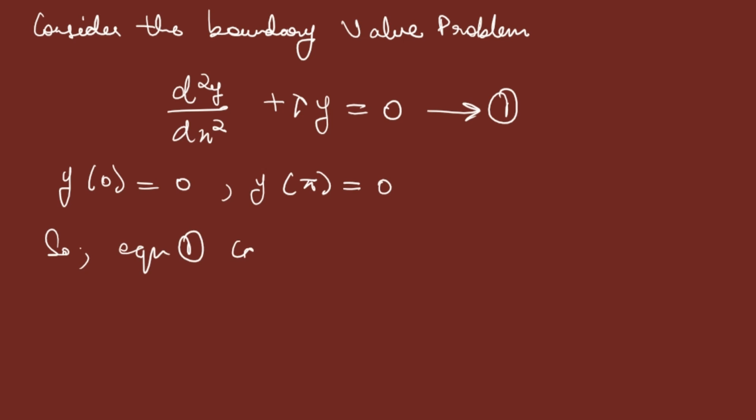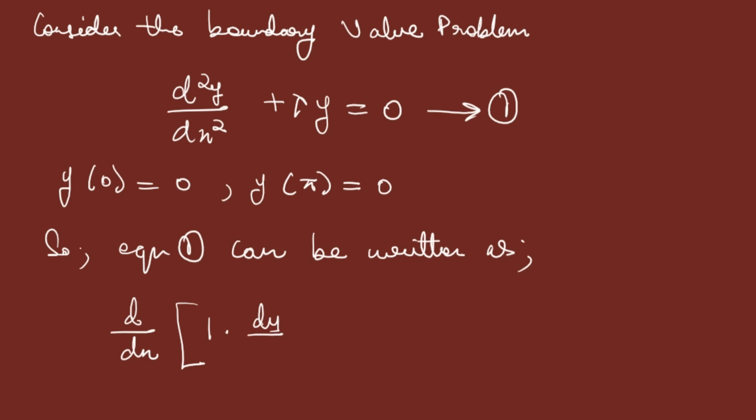Equation 1 can be written as d/dx of (1 · dy/dx) plus (0 plus lambda · 1) of y equal to 0.